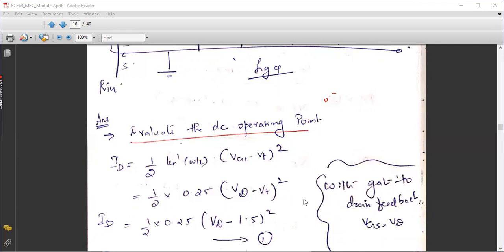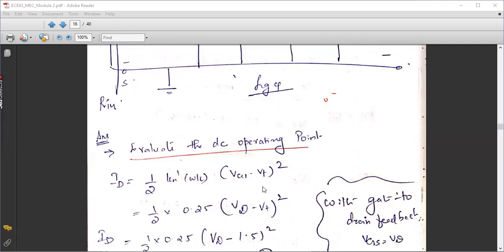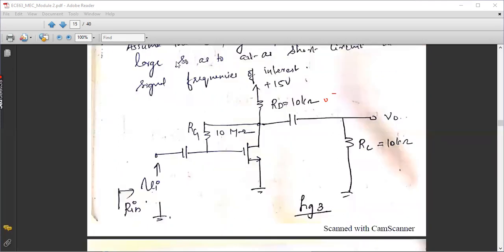Whenever we are using a high resistance across the feedback, that is between gate and drain, we have the same voltage at gate and drain, because you know that the gate current is zero, right? So the potential difference will be zero. That means potential at gate and drain will be almost the same. So we can consider VGS as VDS.